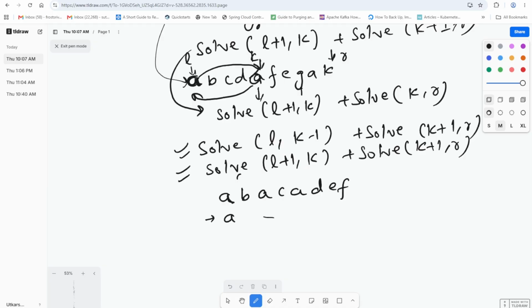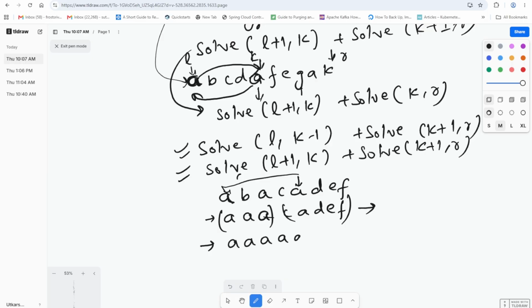One way will be something like A, and the rest will be like this only. So one path will be something like this. Another path can be something like this. This A is also matching with this A, so we can also do something like this. This is another path that we will take.